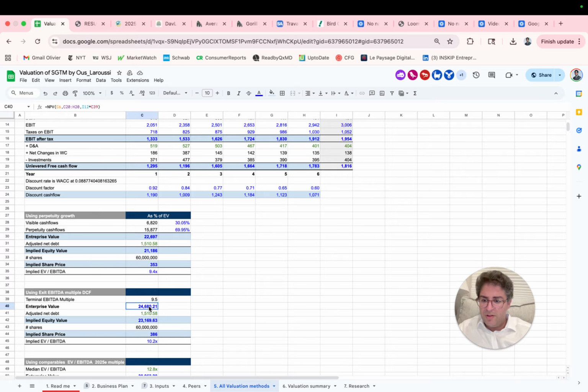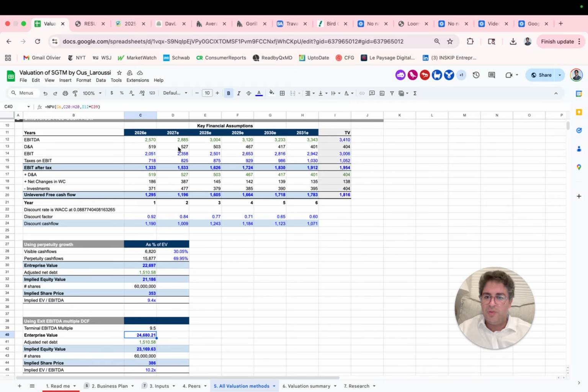So if you come here and you see the enterprise value, you only see an NPV, which is a net present value of what you see here between 2026 and 2031. And also you see that I'm taking the EBITDA times the exit EBITDA multiple.